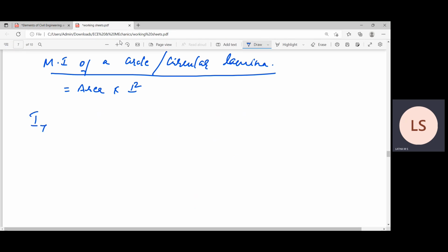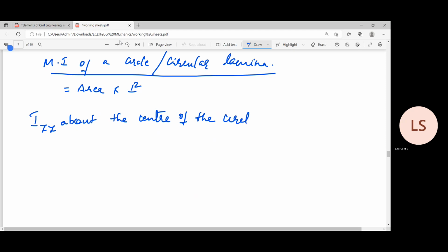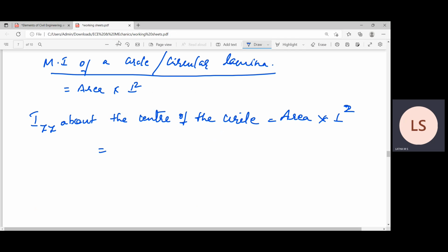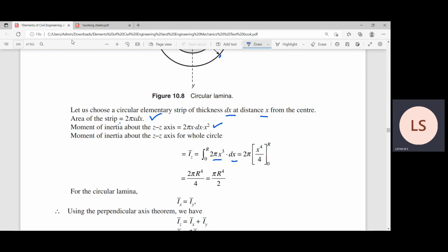Moment of inertia Izz about the center of the circle is equal to area into square of the perpendicular distance. So area we have found, area into square of the distance. I have to take the integration from 0 to r of the area.